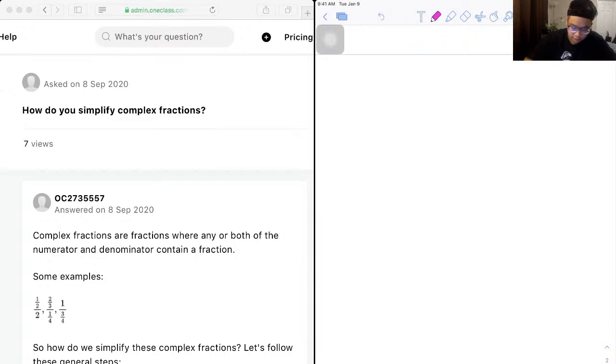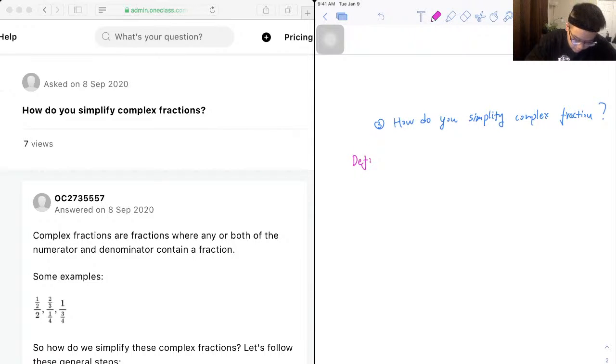So next question is asking us, how do you simplify complex fractions? So first, let's define what a complex fraction is.